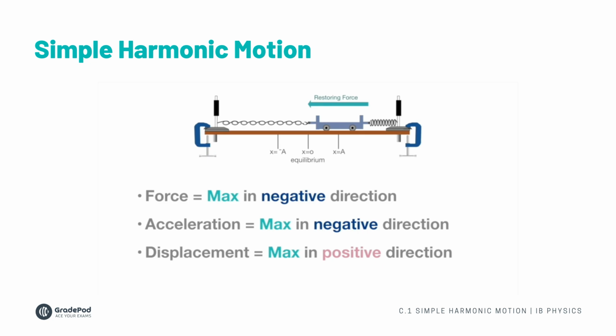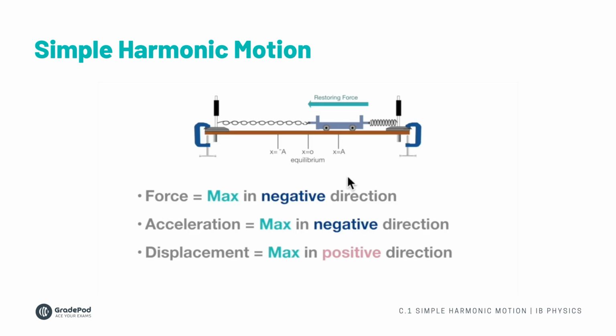Let's now look at the cart on the right-hand side. You can see that the two springs have changed form yet again. This one is compressed and pushing the cart that way. This one is extended and pulling the cart this way. Again, it's a restoring force back towards the equilibrium. It's a maximum force felt at this stage, and it's in a negative direction.